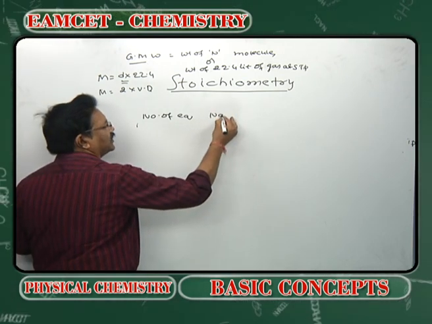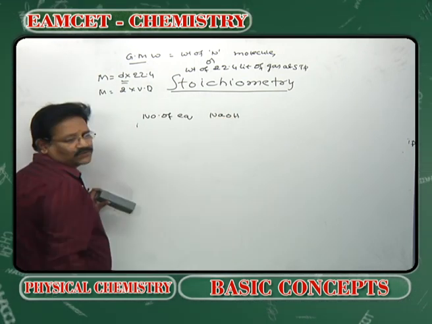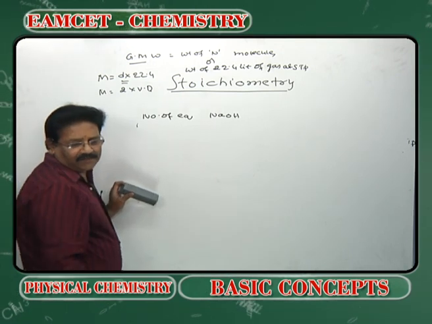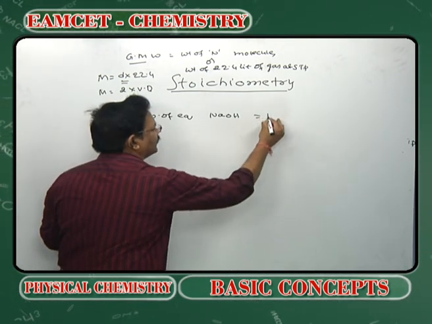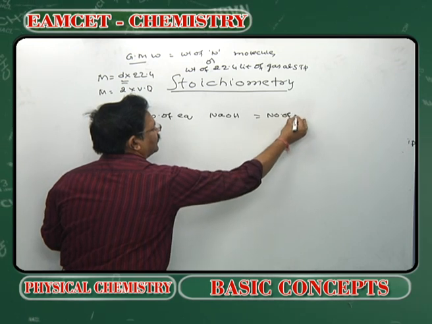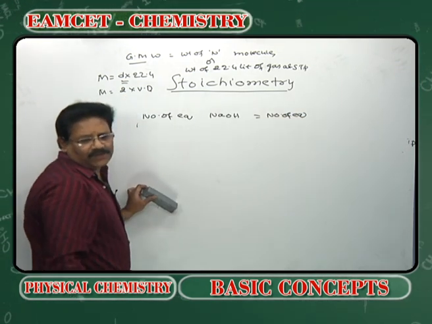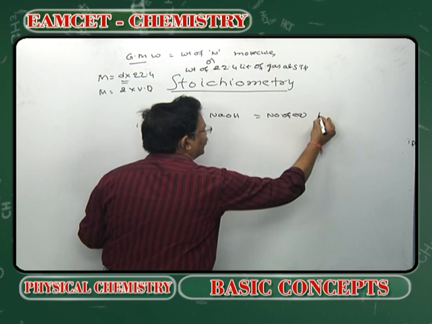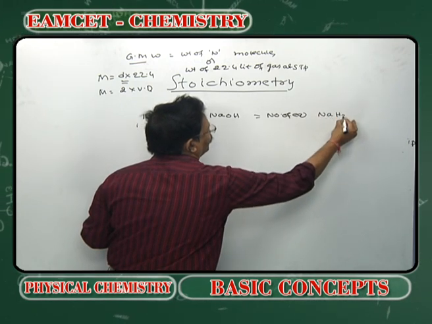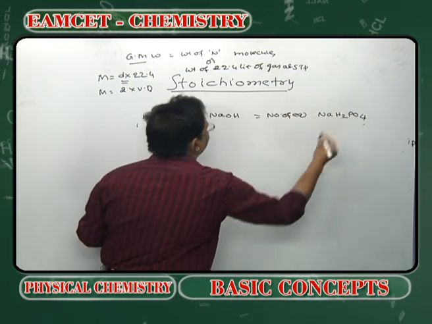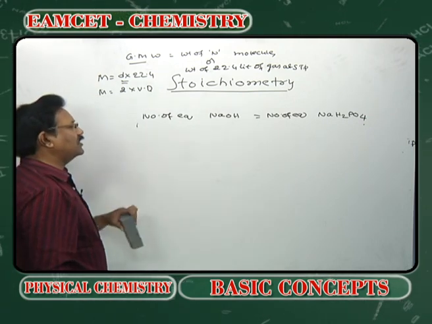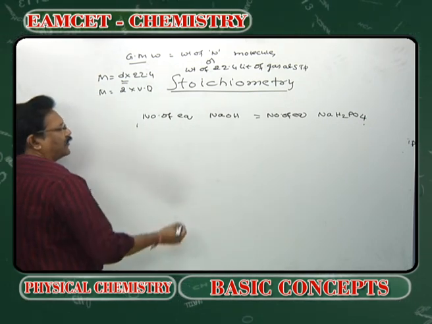Number of equivalents of sodium hydroxide must be equal to number of equivalents of sodium dihydrogen phosphate, NaH2PO4.